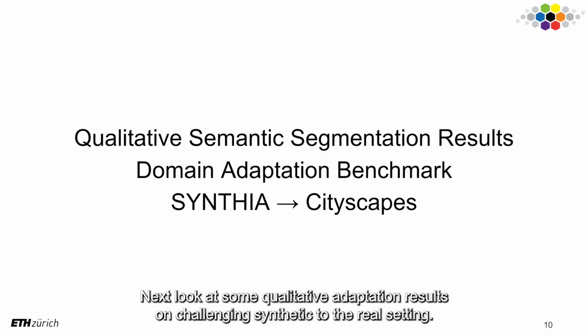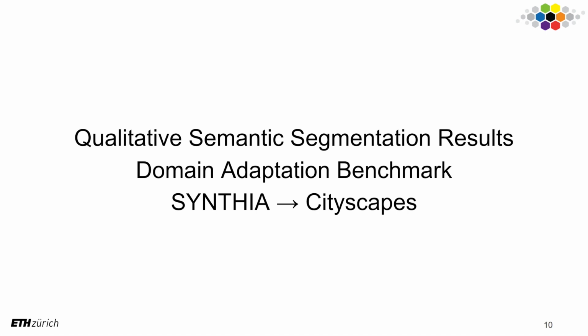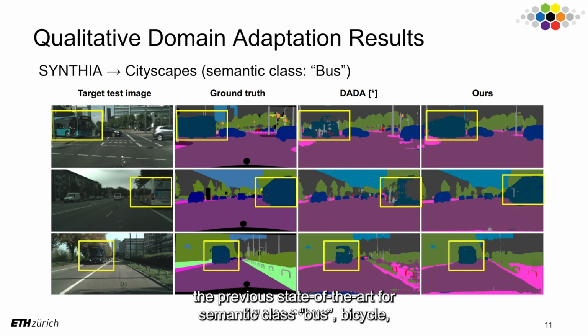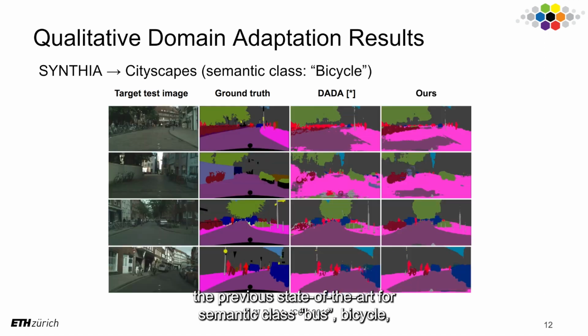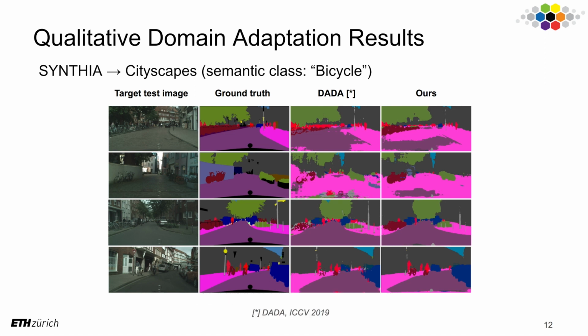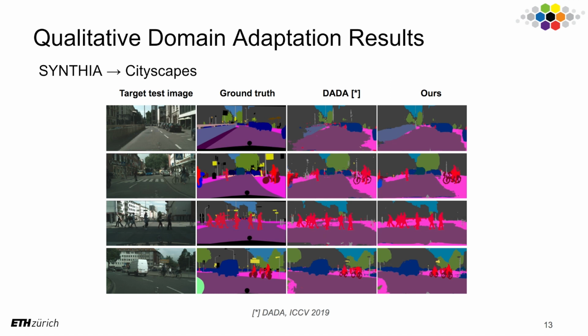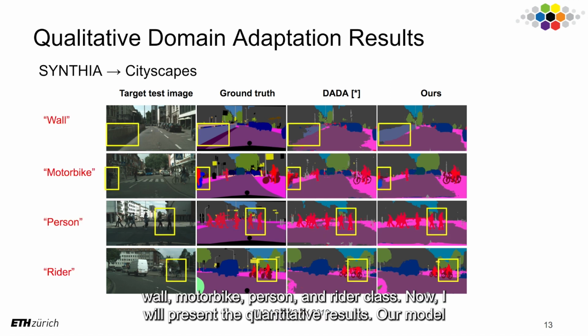Next, look at some qualitative adaptation results on challenging synthetic to real setting. Observe the outlined areas. Our model consistently outperformed the previous state of the art for semantic class bus, bicycle, wall, motorbike, person, and the rider class.